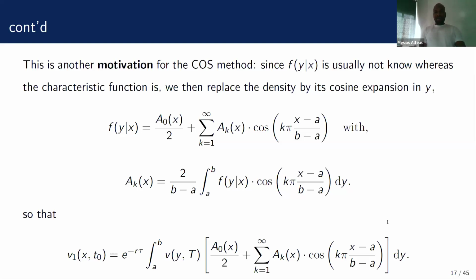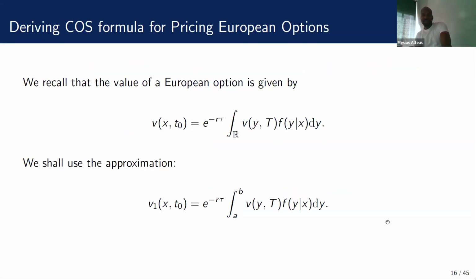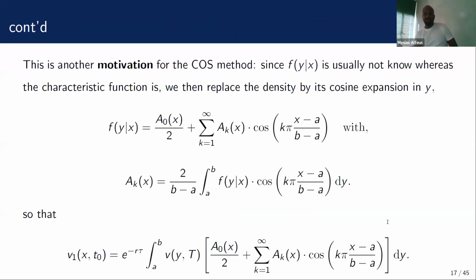So for this function now, we are going to write a cosine series expansion for the density function f, and then the AK become this, and then we substitute the f into this function v1 or v.